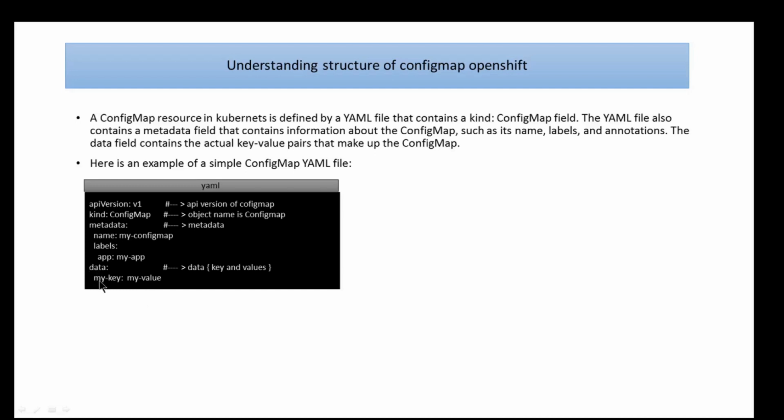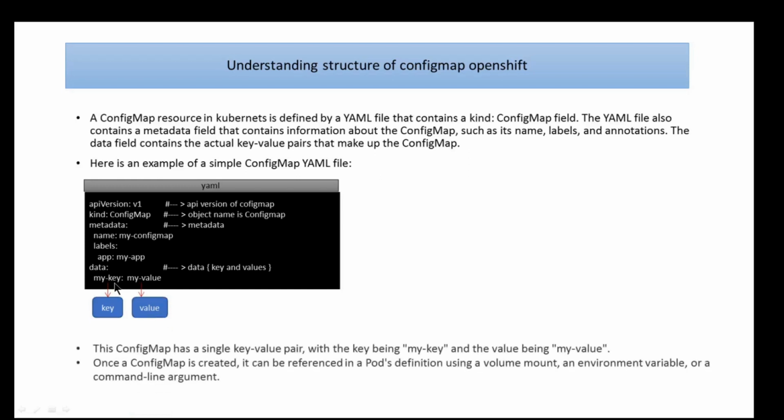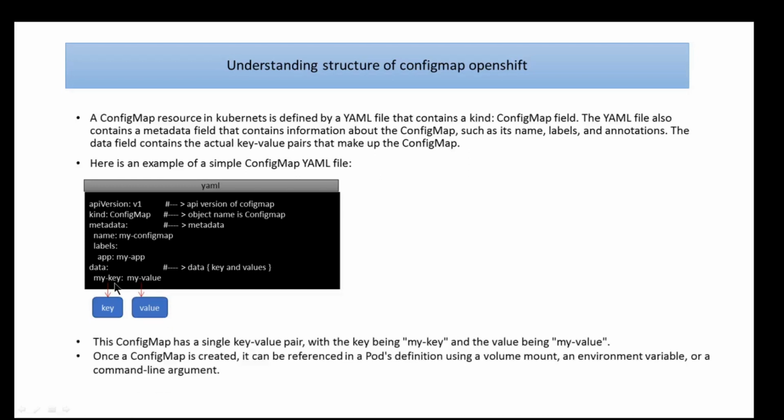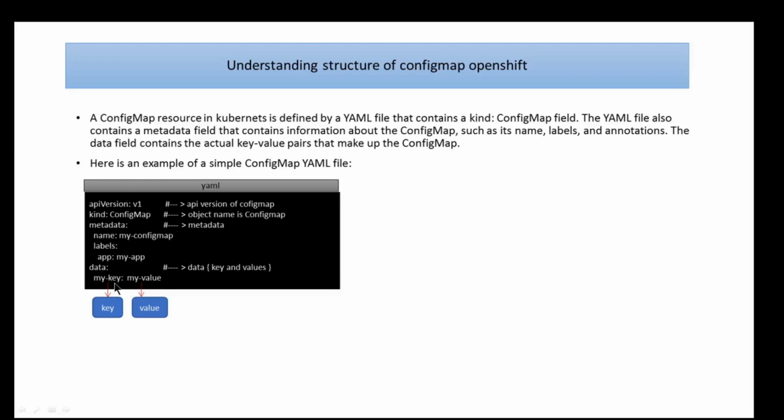The data field is where we store our configuration data. All the configuration data is stored as key and value pairs. So here the key is my key, the value is my value. This example shows a single key value pair, right? You can have multiple key and value pairs.